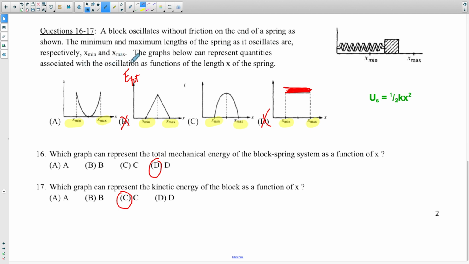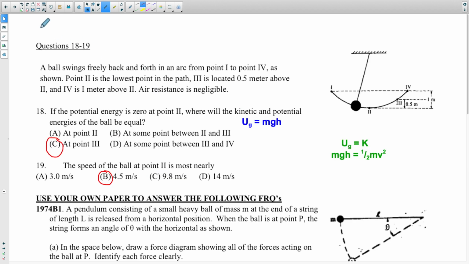X min and X max, so at X min it stops and turns around, and at X max it stops and turns around. So at the max points it is stopped, it is 0. And so this one's going to match that. In the equilibrium, the middle position is when its max velocity is, and if it has max velocity, it has max kinetic energy.